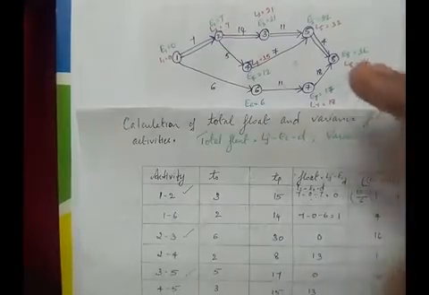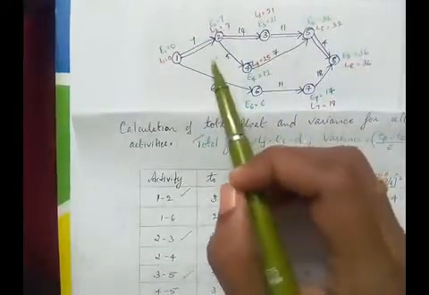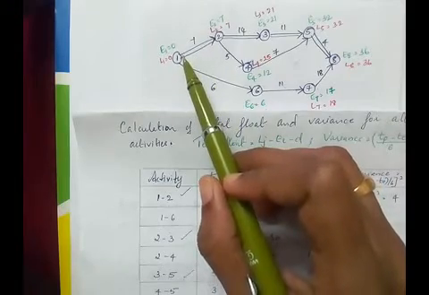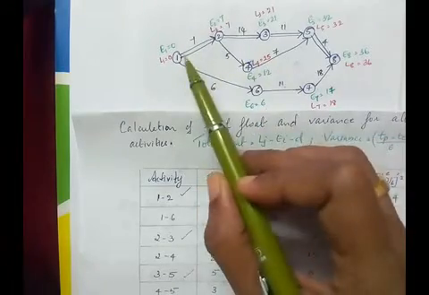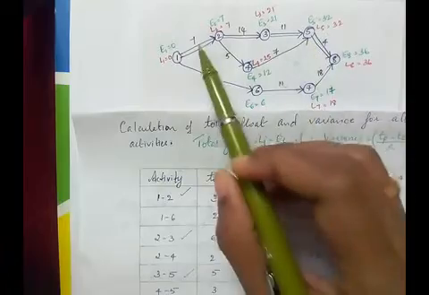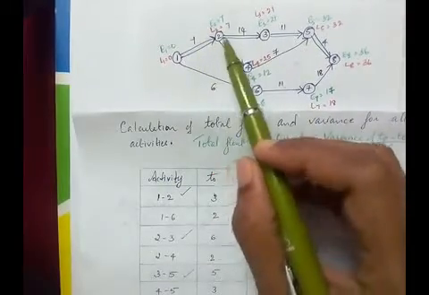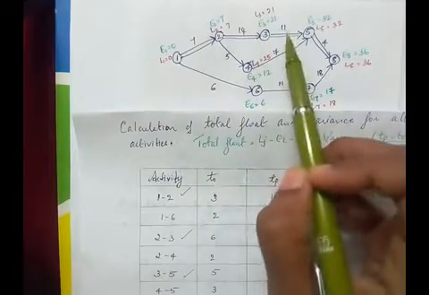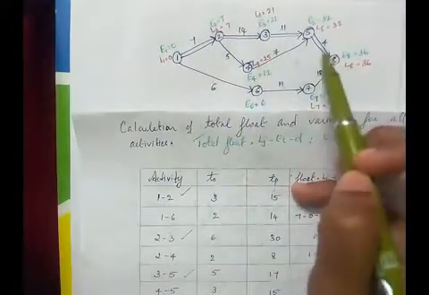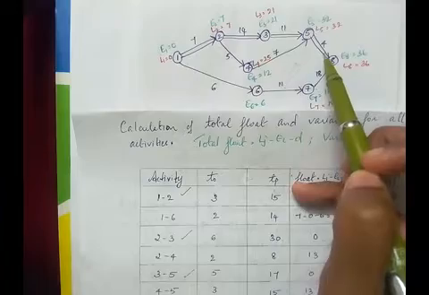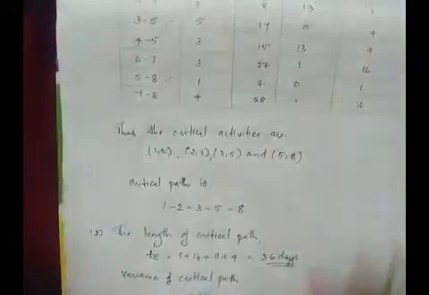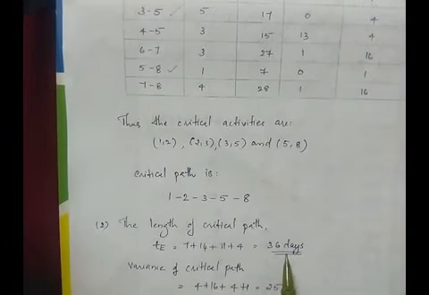Now to find the length of the critical path, add the durations in the critical path. Add the values on the arrows of each activity: 7, 14, 11, and 4. The sum of all these numbers will give the length of the critical path. By adding that, we'll get 36.